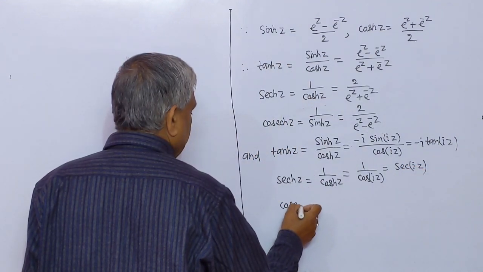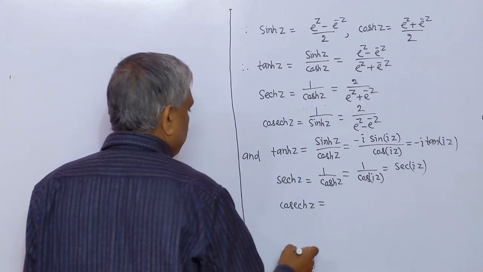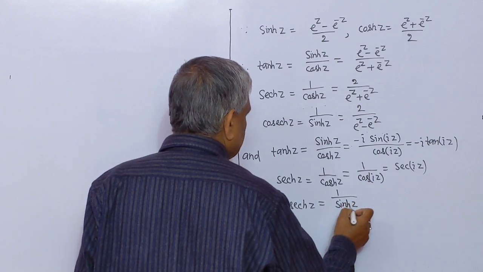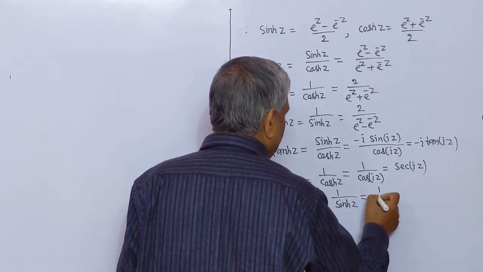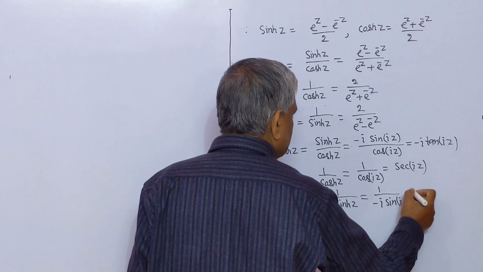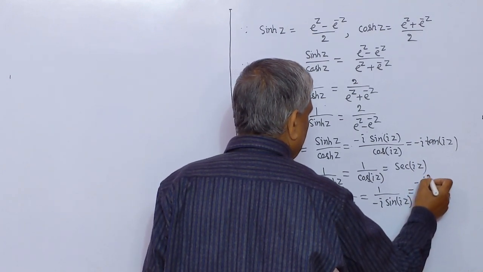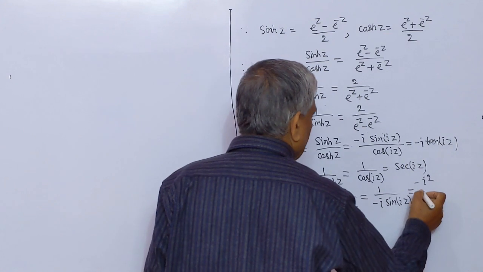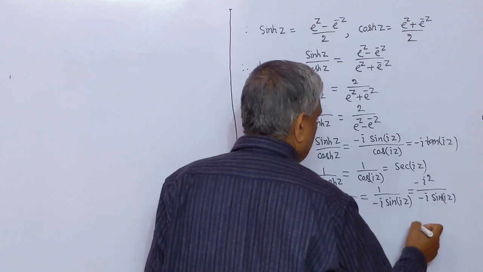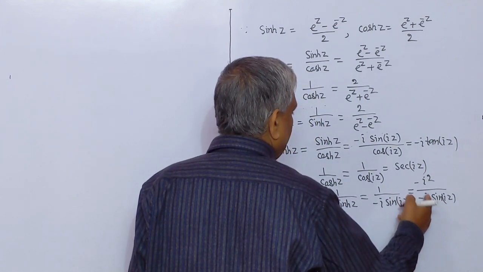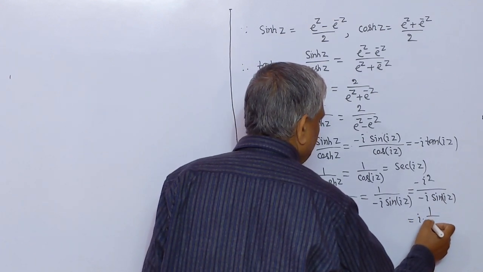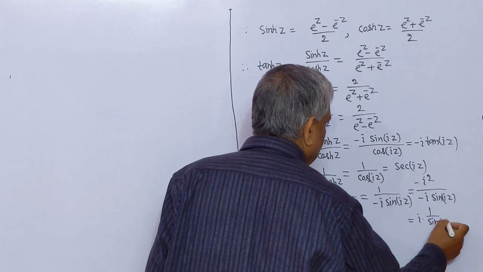Hyperbolic cosec z equals 1 by hyperbolic sin z, and this is equal to 1 by minus i sin iz, and this is equal to minus i square. 1 means minus i square by minus i sin iz, and minus minus cancel, 1 i cancels, only i remains, 1 by sin iz.